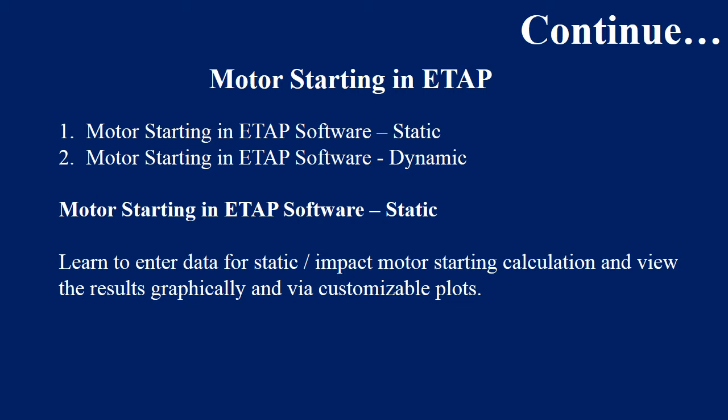In our today's experiment, we are going to analyze the static motor starting acceleration analysis in ETAP software. So what is the static motor acceleration analysis in ETAP software? It will help us to learn the entering of data for static impact motor starting calculation, and we can analyze the results graphically with the help of customizable plots.